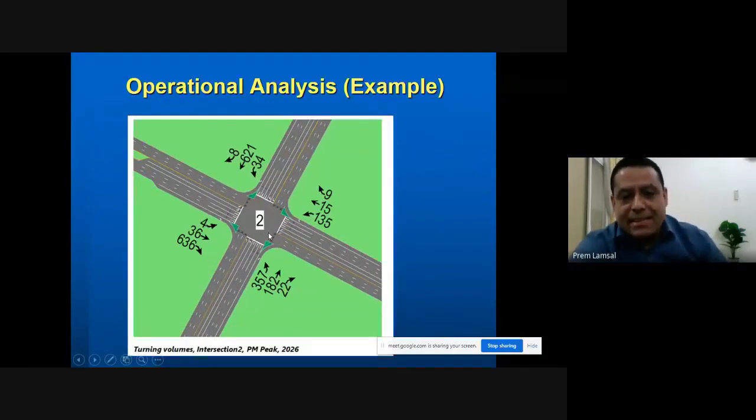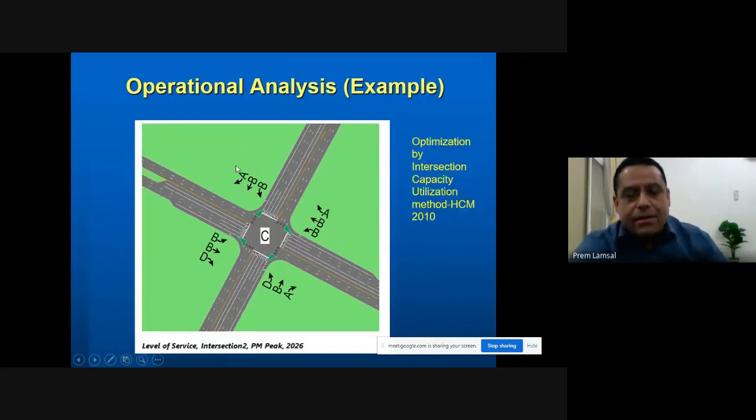So based on this analysis and this geometrical input, for example, here you can see 2 left turning lanes, here 2 left turning lanes, here 2 left turning lanes, and 3 through lanes going there, we got this level of service.